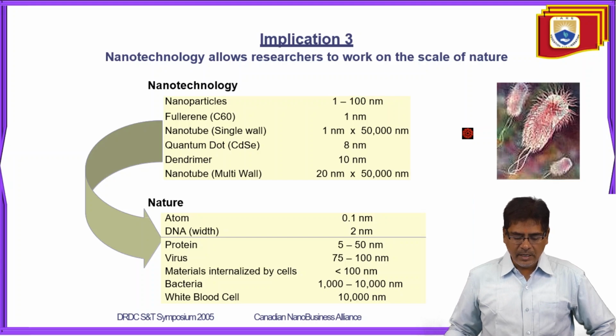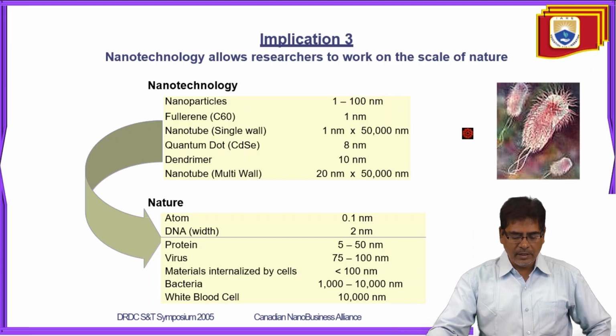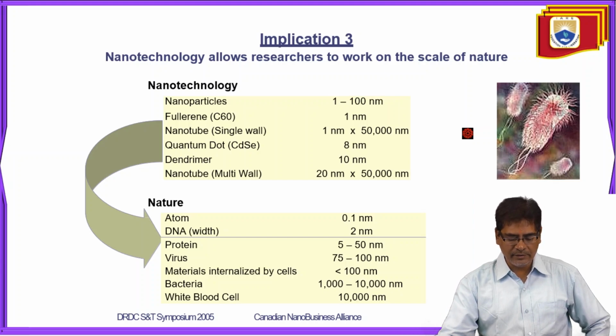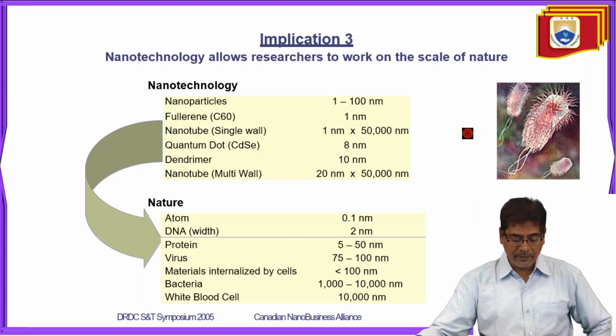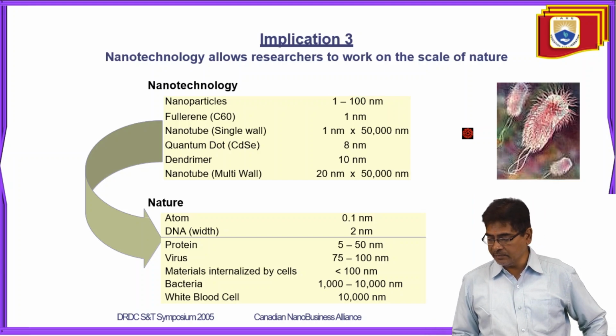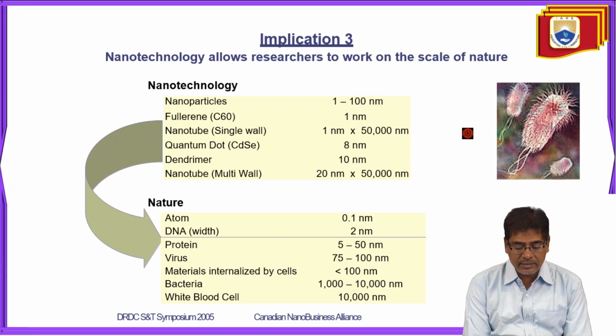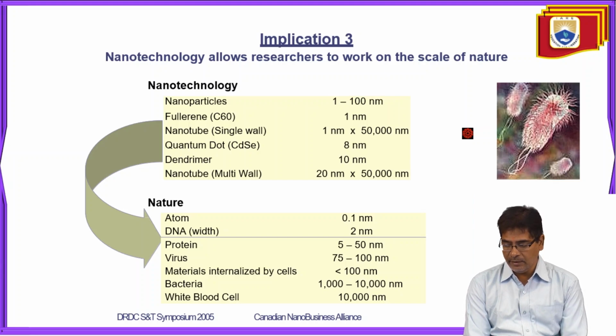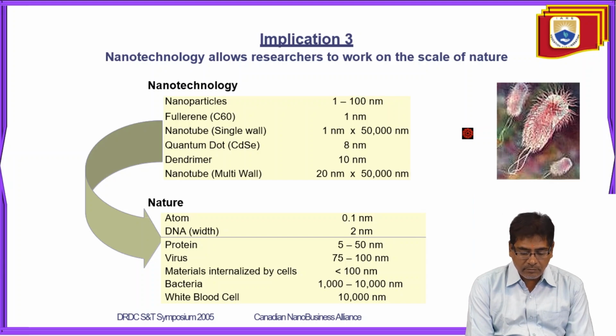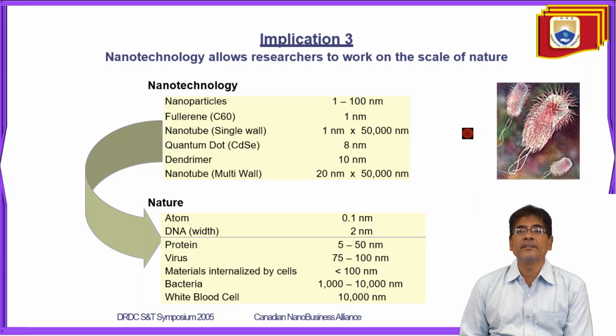And in nature, the atom is around 0.1 nanometer, DNA width is 2 nanometer, the protein is 5 to 50 nanometer, virus is 75 to 100 nanometer, and materials internalized by cells are less than 1000 nanometer. White blood cells are around 10,000 nanometer. So this is implication 3.